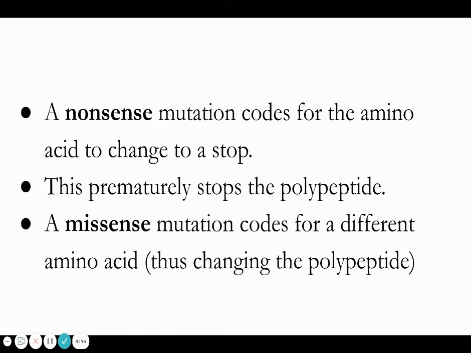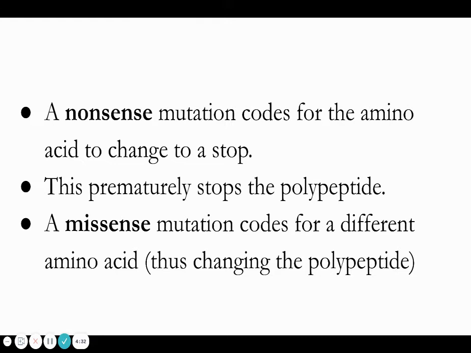A missense mutation is a base substitution that replaces a letter, but in this case, unlike a silent mutation, it makes a different amino acid. And because of that different amino acid, you end up with a different polypeptide, a different protein.